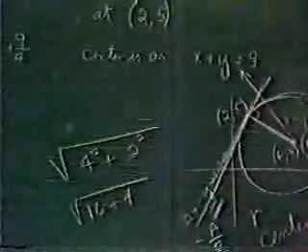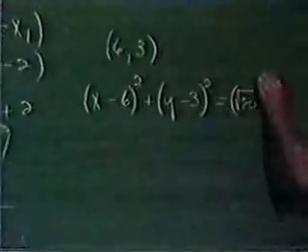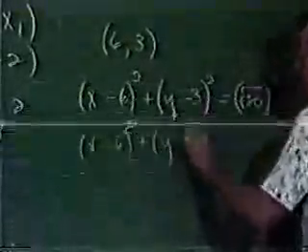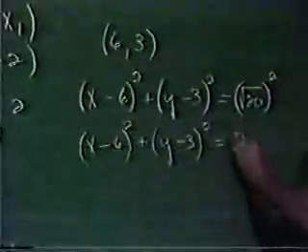That's negative, but it doesn't make any difference since we're squaring it. So this ends up being 16 plus 4, square root of 20. So coming back over here, our radius squared is 20. So our equation is (x minus 6) squared plus (y minus 3) squared is equal to 20.